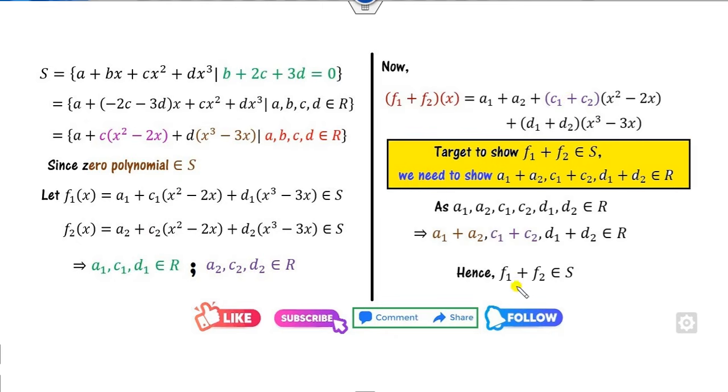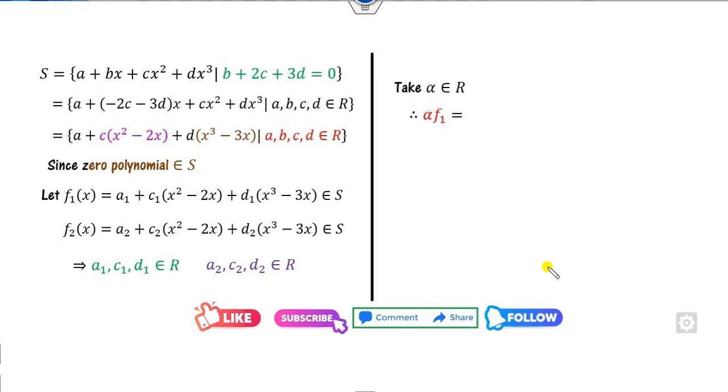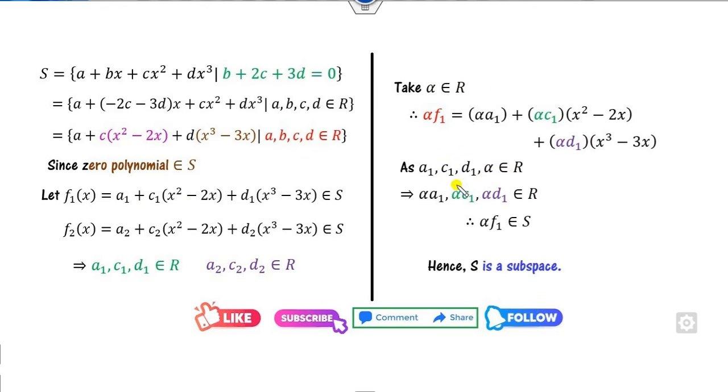Fine. So therefore F1 plus F2 is part of S. Similarly, if I take alpha in R, then I can multiply this value with alpha, and you will get this. Your target is to prove this number is in R. Fine. Because alpha is in R, a1 and c1 are in R, therefore this number is also in S. Hence it is my subspace.